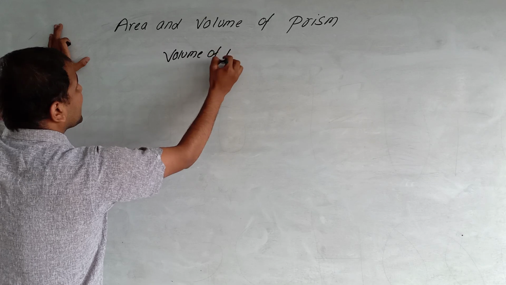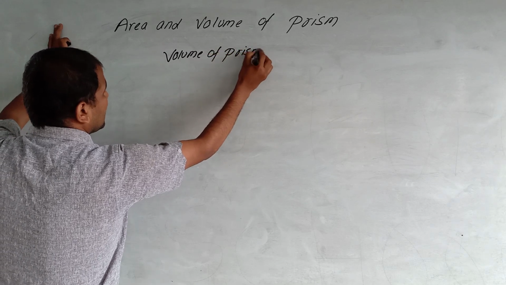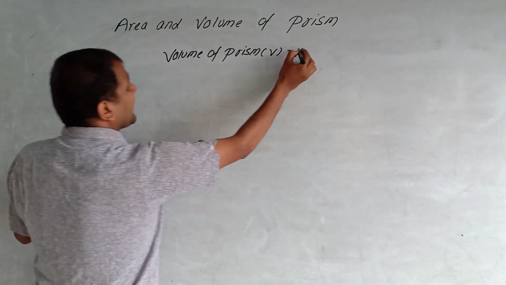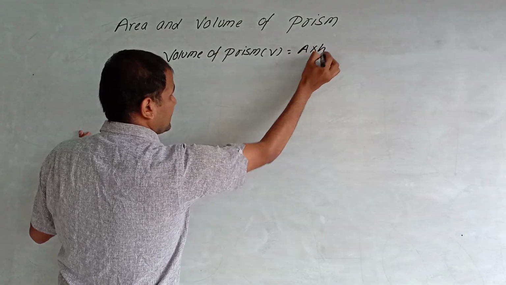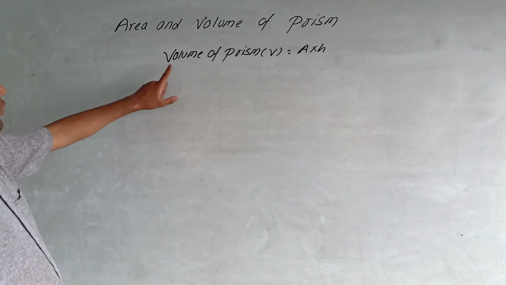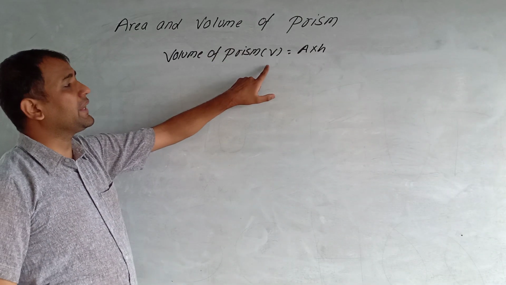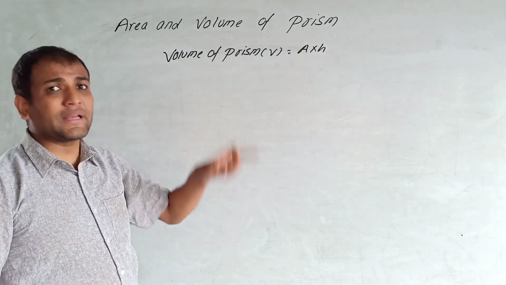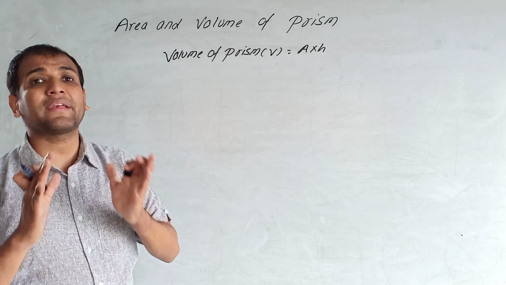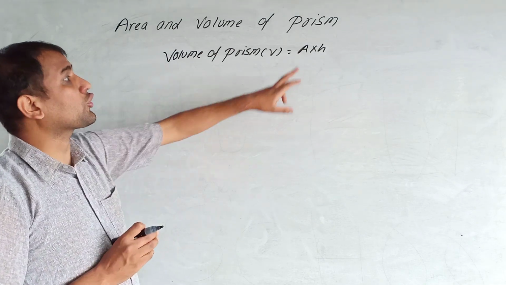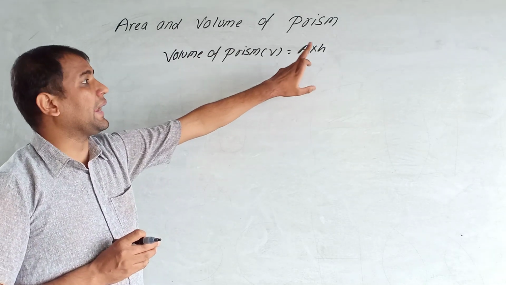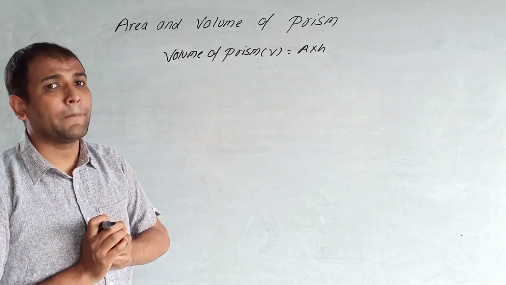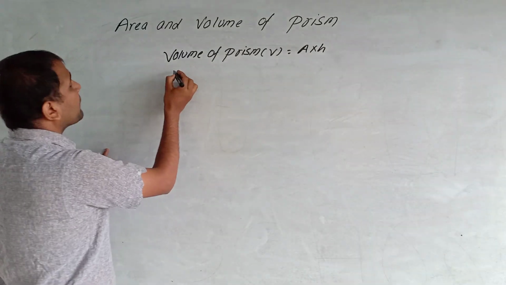Volume of prism V is equal to A into S, where A is the area of base or area of cross section, and S is the height or length of the prism.